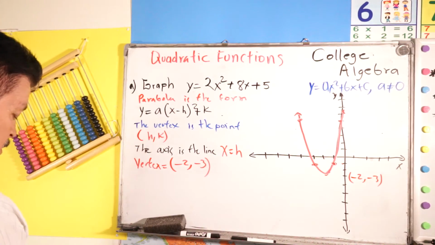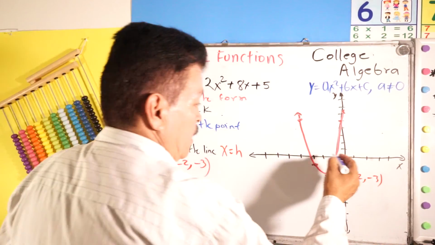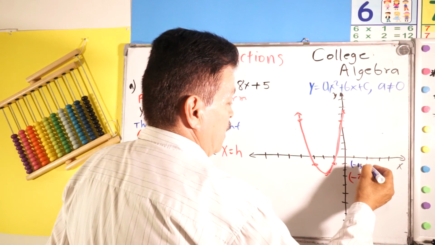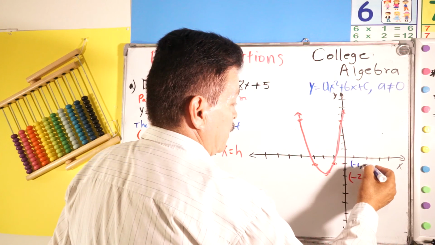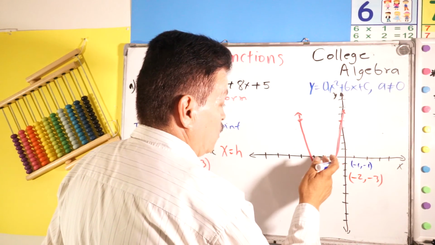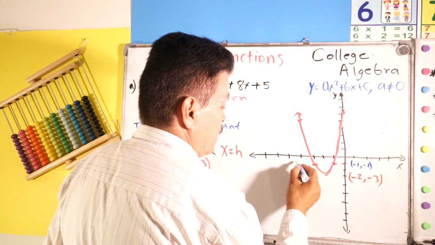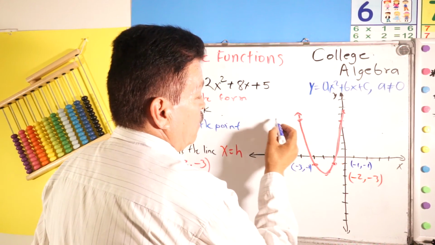I will write this point. This is (-1, -1), right here. And here is (-3, -1). And then we have another point right here.